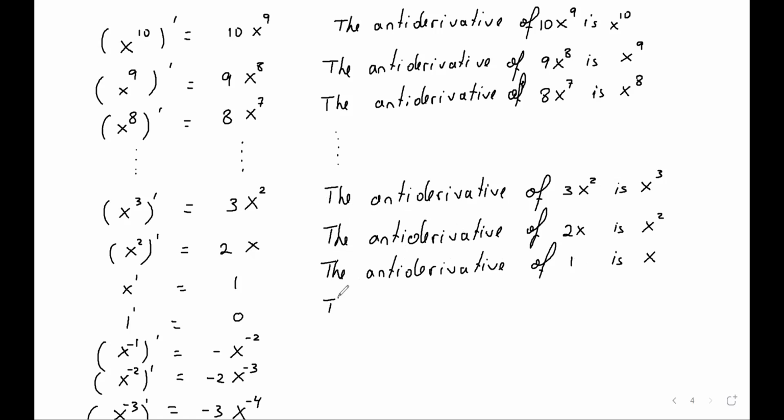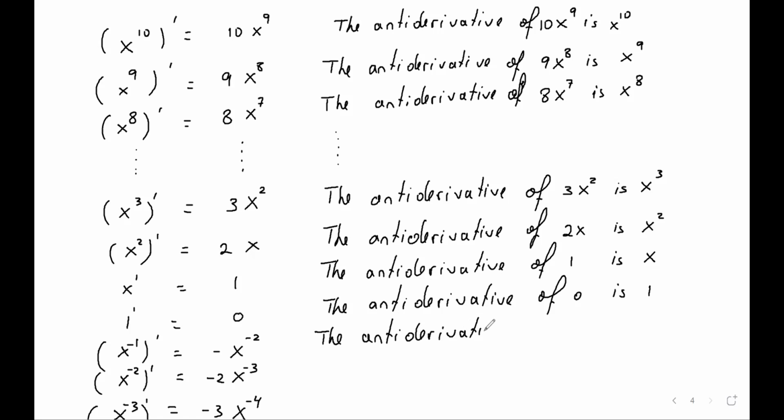The antiderivative, finally, there are 3 more here. The antiderivative of 0 is 1. The antiderivative of negative x to the negative 2 is x to the negative 1.